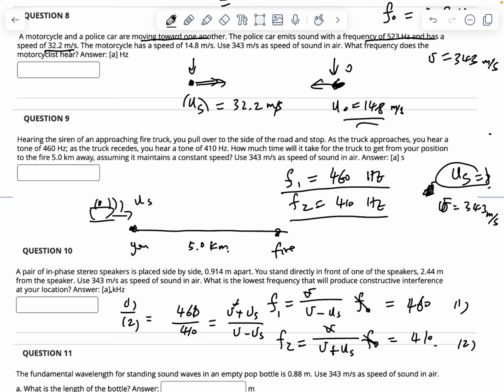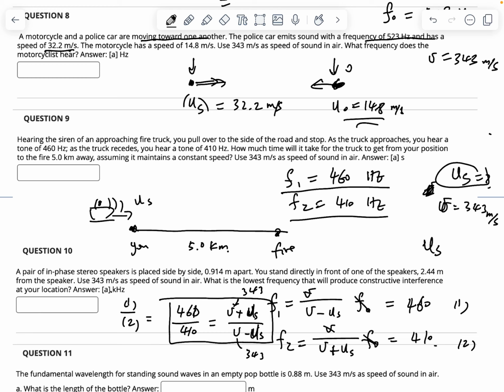And V here is 343. Plug in, okay? So this is 343. So you have no, not Us. It's Us, right? V minus Us. V is 343. So this is the equation to solve. One unknown here is Us.